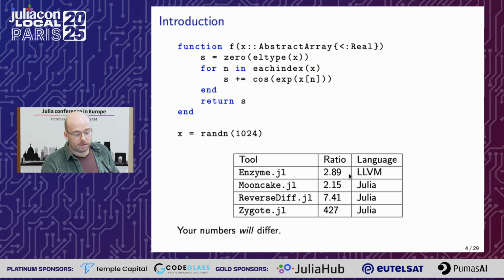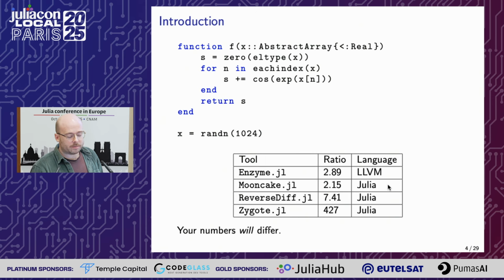You can see Enzyme and Mooncake get numbers that are below 3. ReverseDiff gets a slightly higher number. This is ReverseDiff in its compiled mode, for those in the know. This is kind of the fastest it can be. And Zygote gets quite a bit larger number.